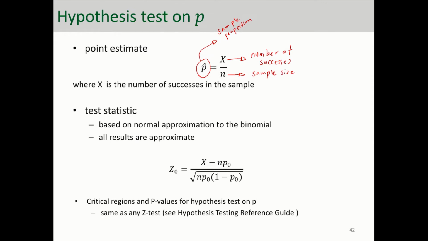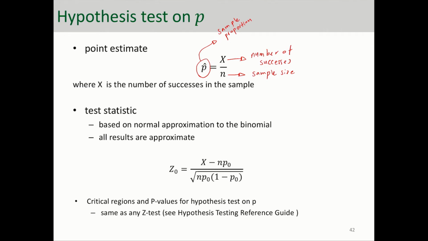And we'll talk about how to choose the appropriate sample size. And we call this p hat. This is p hat. This is our point estimate for population proportion. The test statistic, as you can see here, is a z-score. And that is based on normal approximation to binomial.